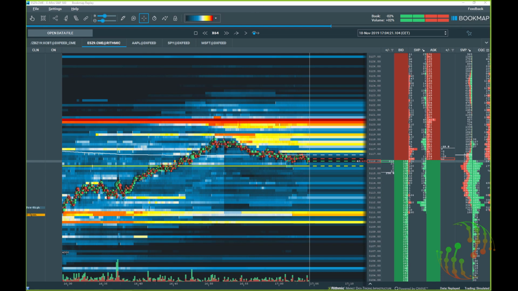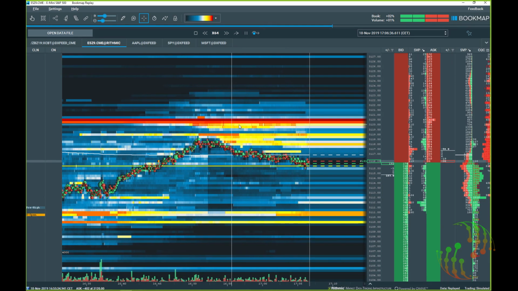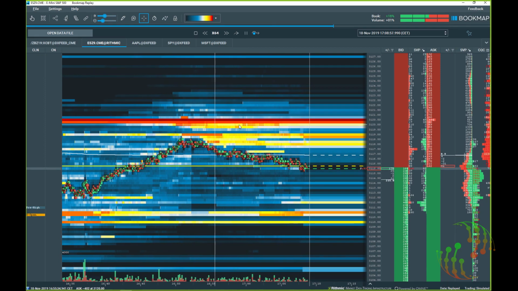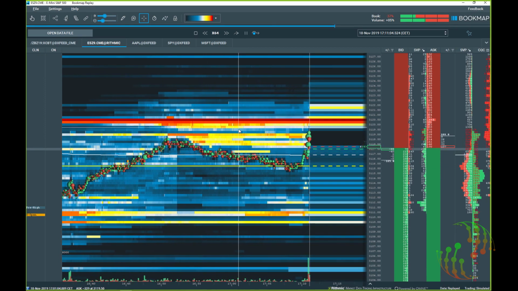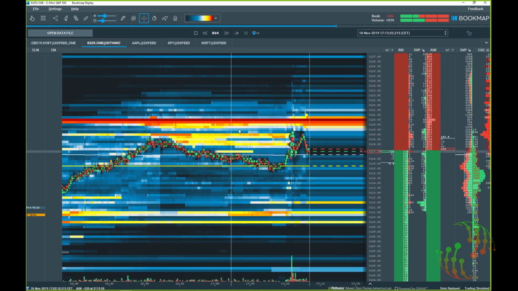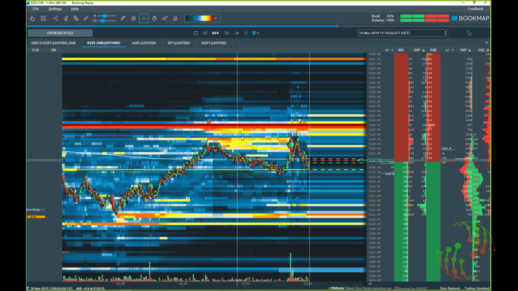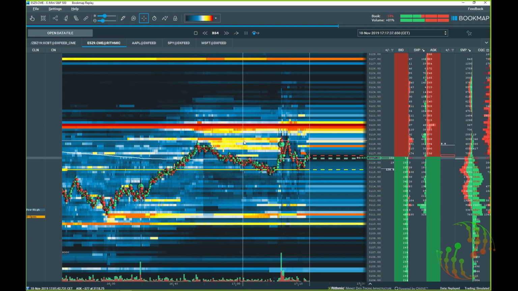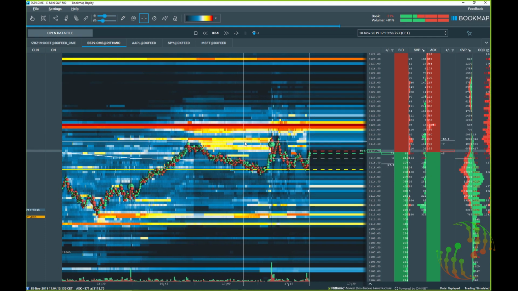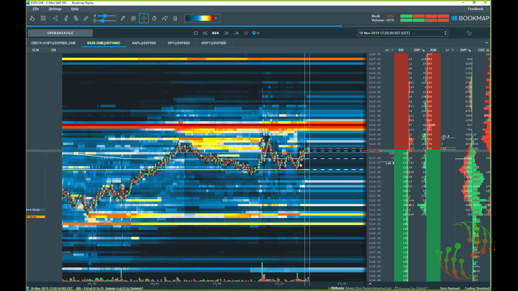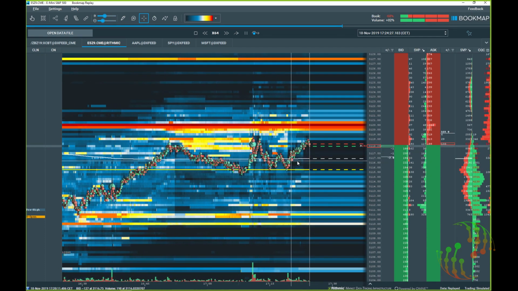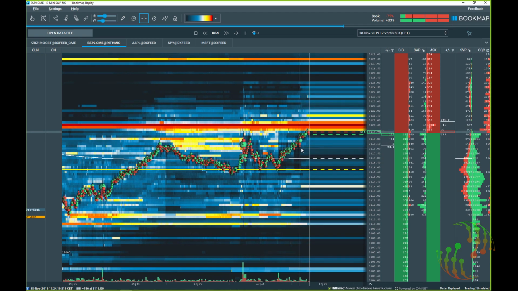I don't know. Hard to trade, anyway, but what we should keep in mind is, you see that something happened here too, as well here too.